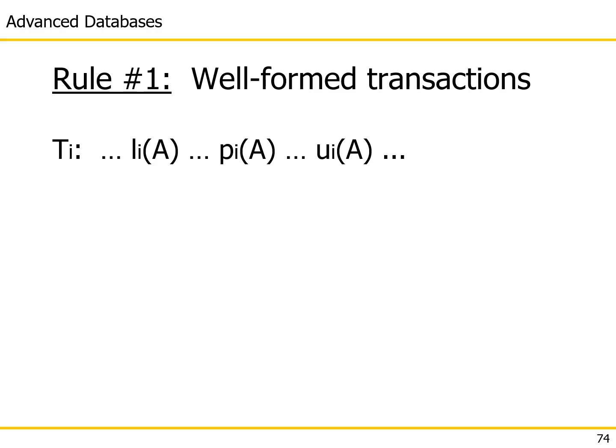If it gets it, it's going to release the lock after it's done with the resource. The P here stands for processing A. So before a transaction accesses A or processes A, it will request the lock for A. And when it's done with the processing of A, it will unlock the lock on A.